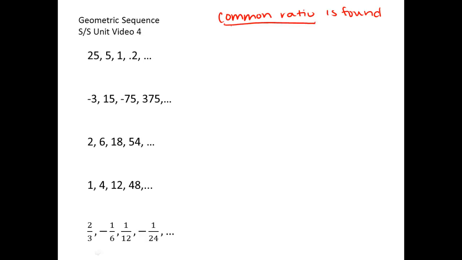Okay, so let's look at the first one. We're going to have to take a couple of samples because unlike an arithmetic sequence, when we were able to look at the pattern and say, to go from the first to the second, all I did was add 2. That seems very obvious because adding is a quicker thing to identify, whereas multiplication can be more difficult, because the numbers will get really big or really small.